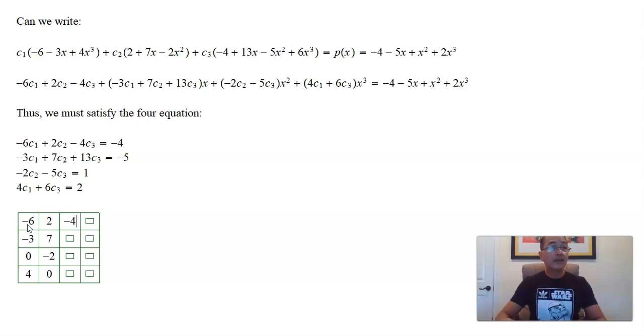For C3, negative 4C3, 13C3, negative 5C3, and 6C3. Then the right side, minus 4, minus 5, 1, and 2. So we have that system of equations.